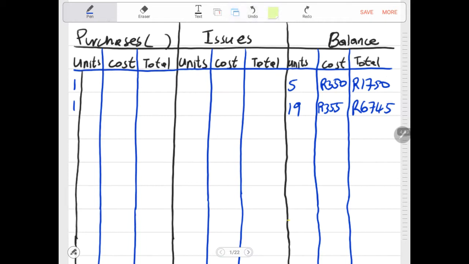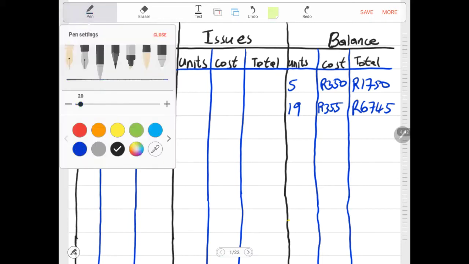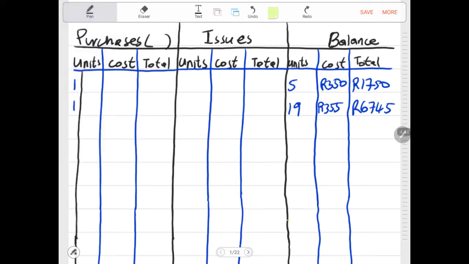So now we say, in the first inventory, do we have 13 units? No, in the first inventory, we don't have 13 units. We only have a total of 5 units. So we need to take the 5, which was bought at 350, the total amount being 1,750.